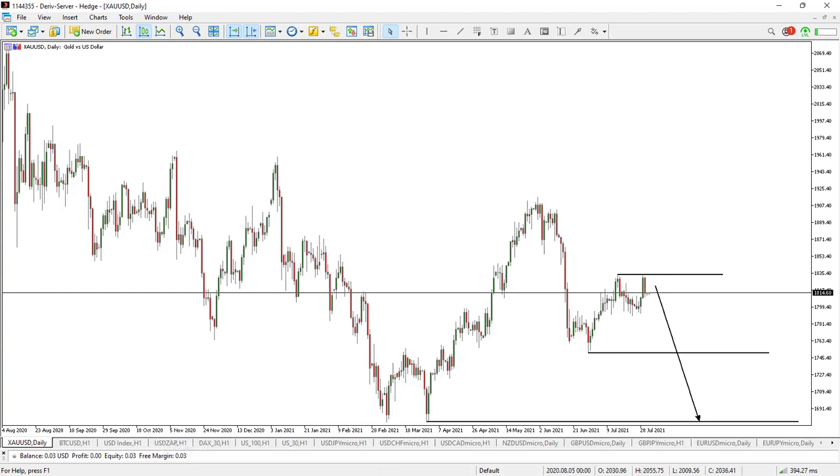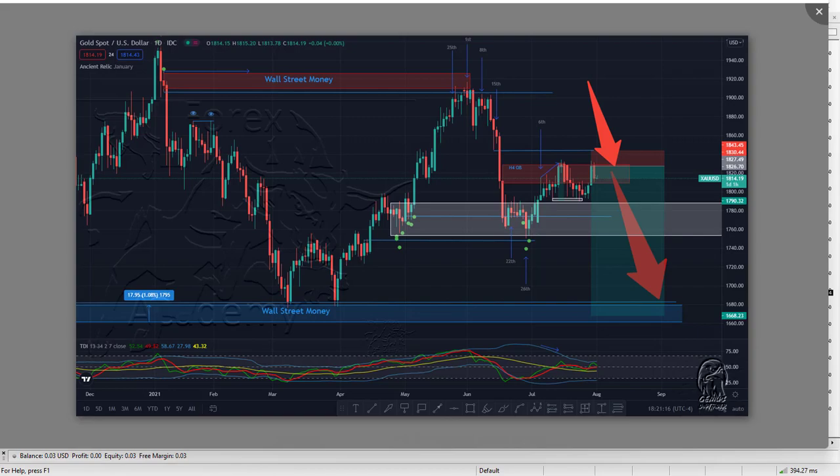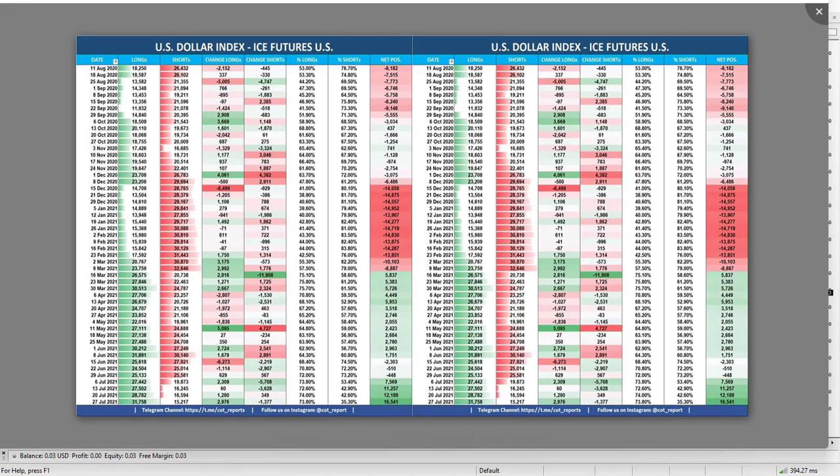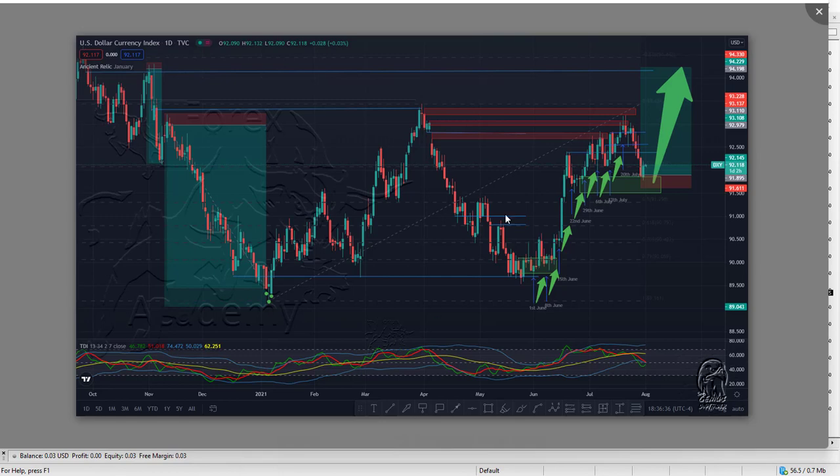And then going forth with dollar index, remember I said that dollar index is bullish, and the net positions are growing from 12k to 16k, and then this is what I'm expecting the market to target, at least the 94.198 market price.